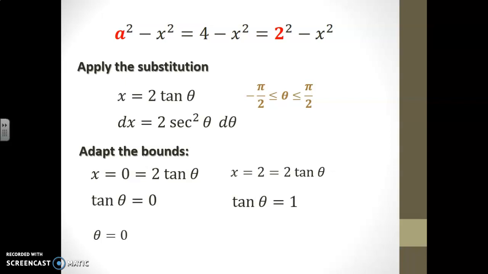That means tan theta must be 1, or theta is pi over 4. And we're set. x and dx have corresponding expressions in terms of theta. Bounds of x have now been converted into bounds of theta.